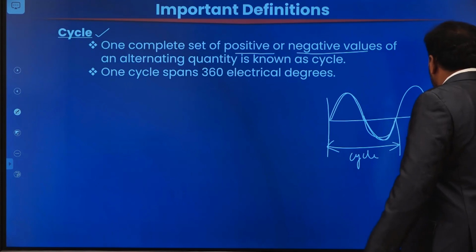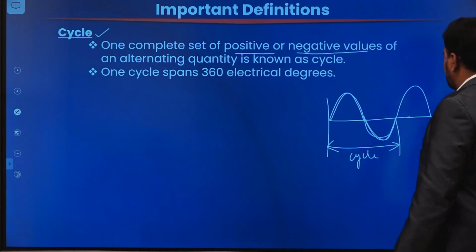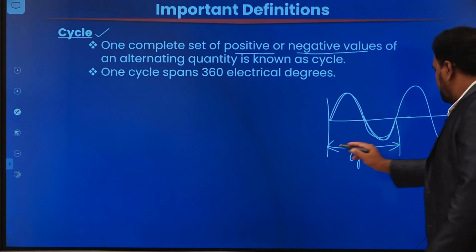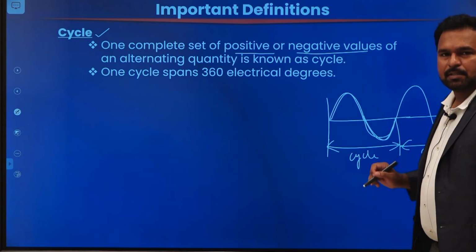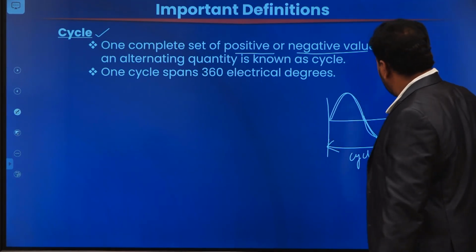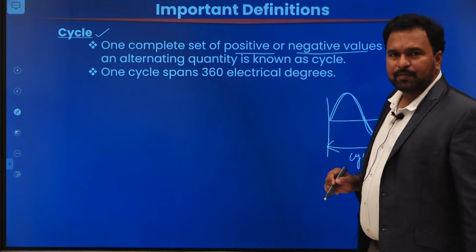Now if the waveform continues, how many cycles are there? This is one cycle and this is the next cycle. So total 2 cycles. Like that you can calculate the number of cycles.